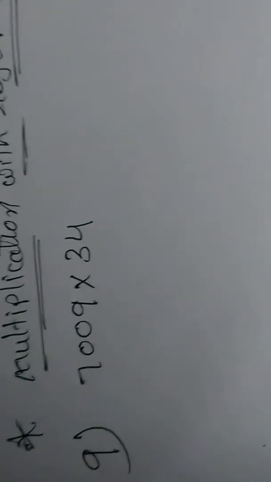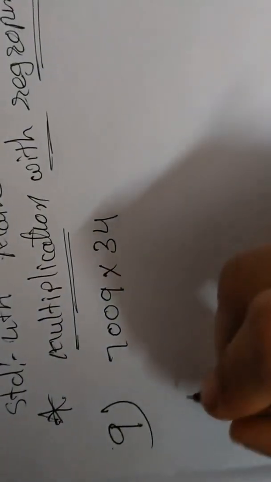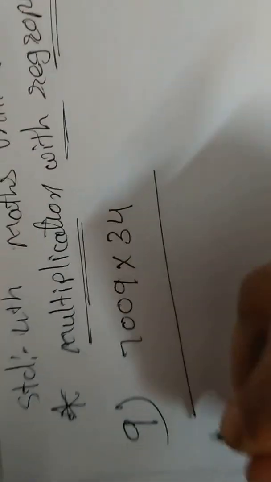In that question, 7009 multiplied by 34 is there. So we have to draw the place value box.